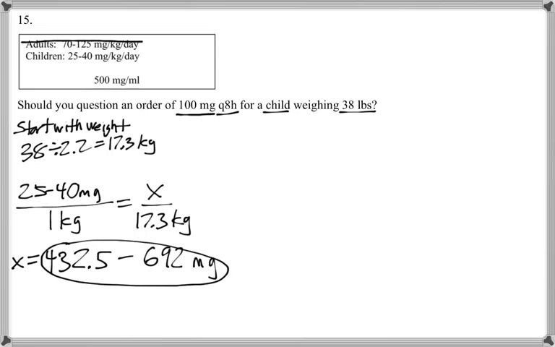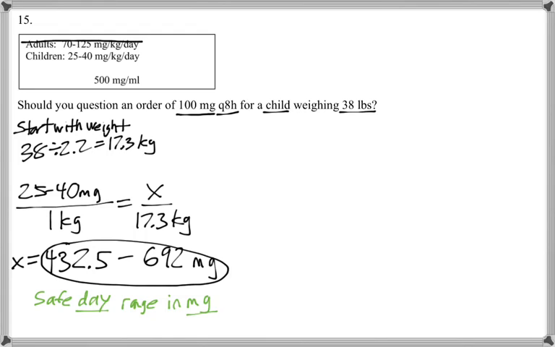So this is the safe day range in milligrams. So it's kind of nice to write a label next to all of our answers as we go through this question, otherwise it could get easy to get lost.